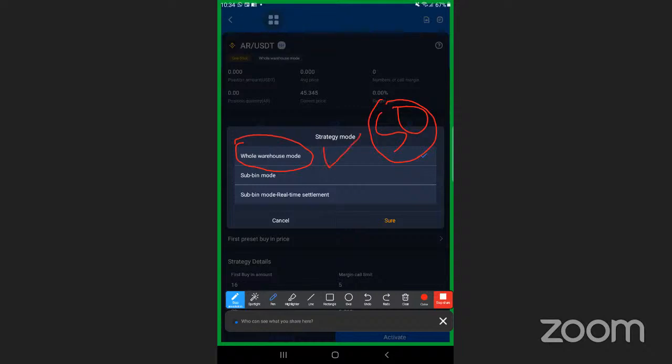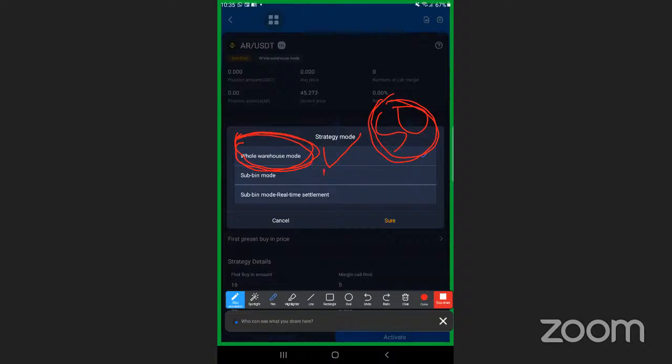When it comes to selling, it is going to sell all the 50 margin calls at once because you have indicated here telling the robot sell the whole warehouse at one take profit. Okay? If you are trading under whole warehouse mode, the robot buys all your margin calls. Then the robot is going to sell all of them at one take profit.